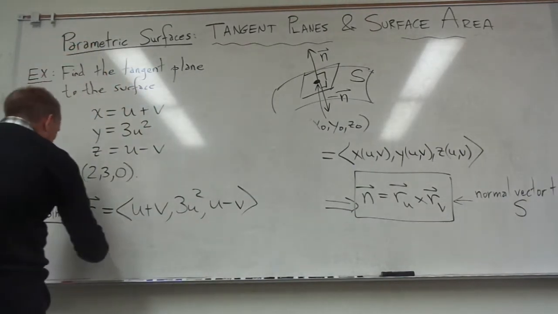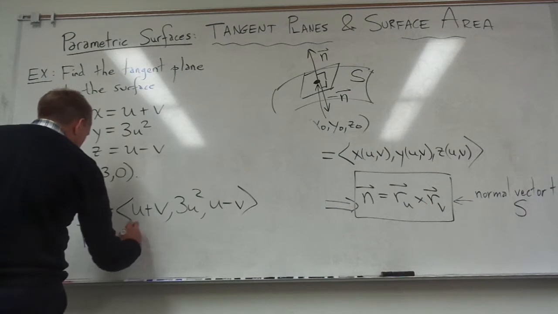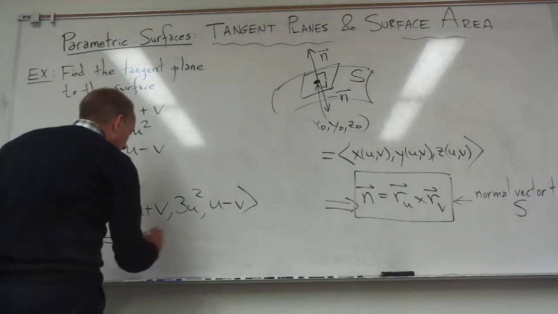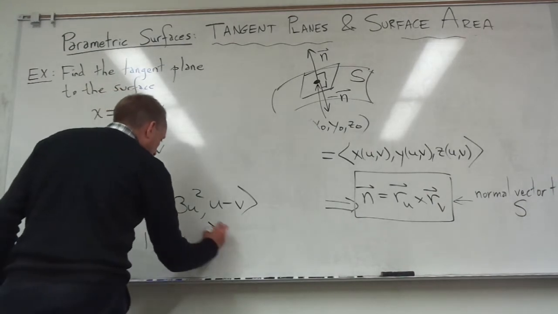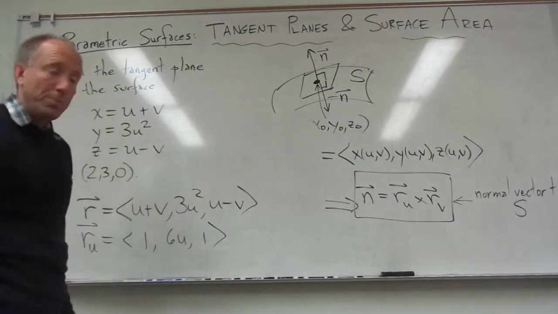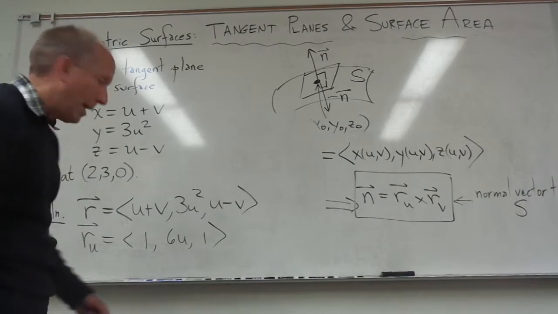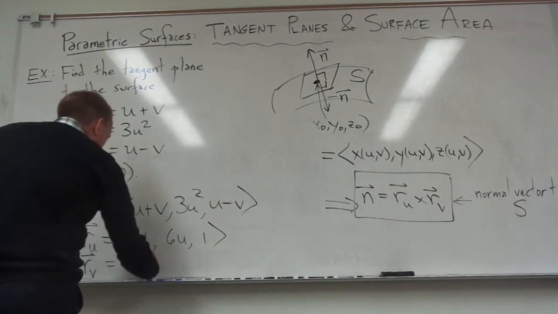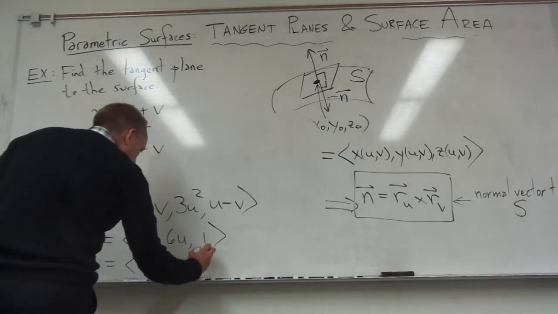Then I can just differentiate with respect to u. Slot by slot differentiation is all you have to do. When I differentiate each of these three components with respect to u, the results are right there. And when I do the same thing with v, I get 1, 0, and negative 1.